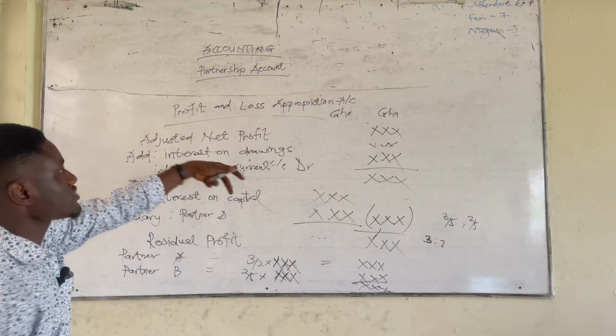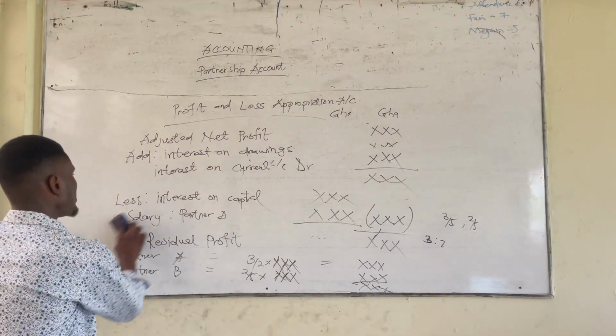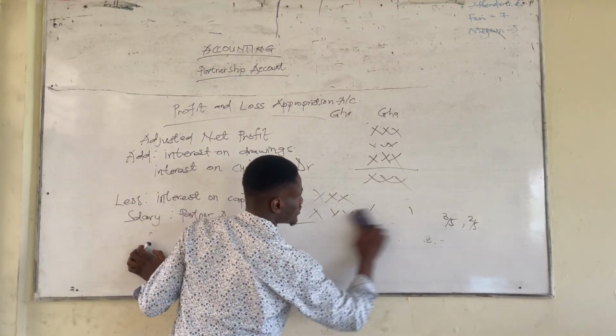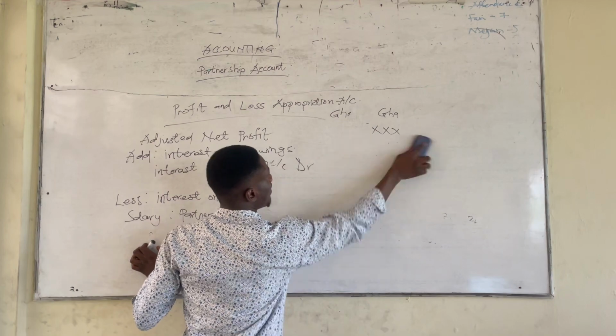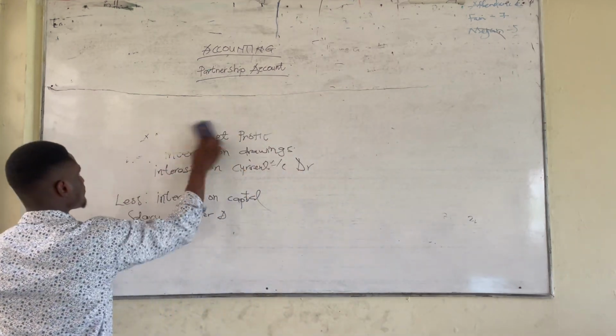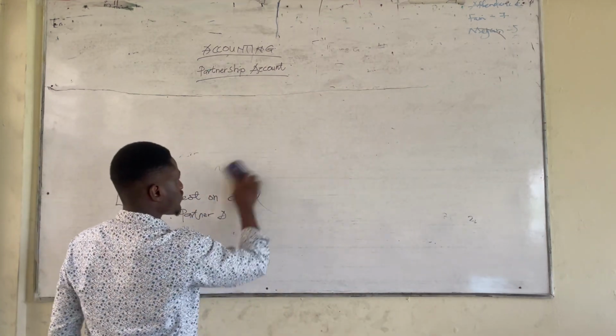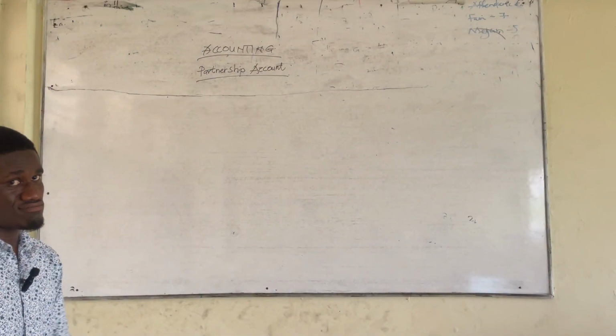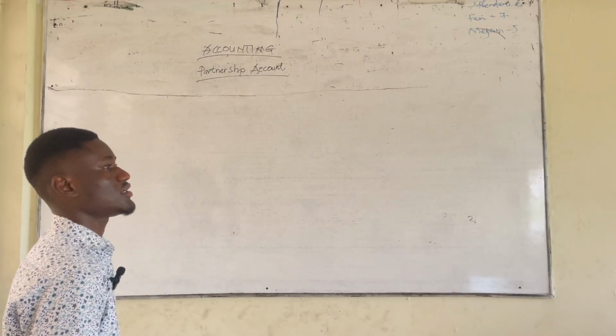Good. So what are we going to do? After the profit and loss appropriation account, we have to prepare a balance sheet. So this is how we are going to go by our balance sheet. We know that for sole proprietorship, the only thing that is going to change here is our finance side.